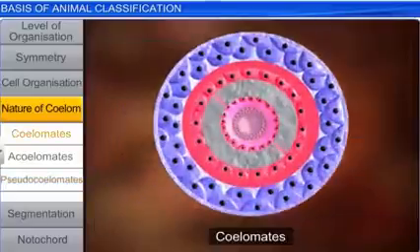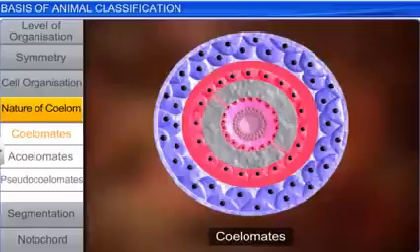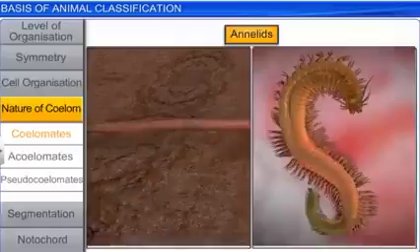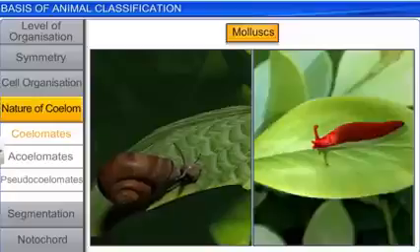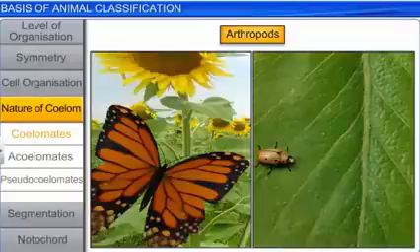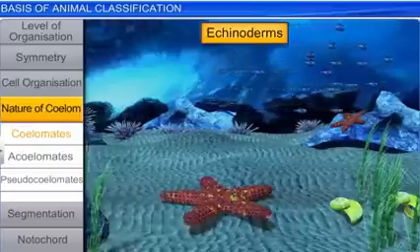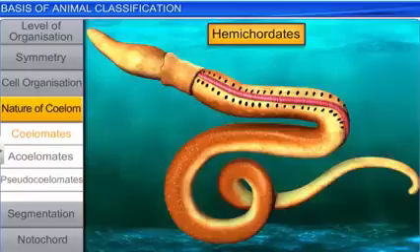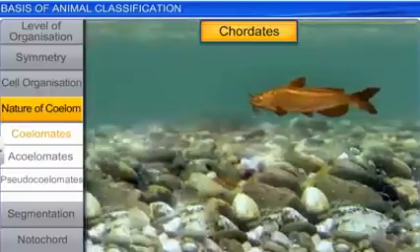Coelomates are animals that possess a body cavity, such as annelids, mollusks, arthropods, echinoderms, hemichordates, and chordates.